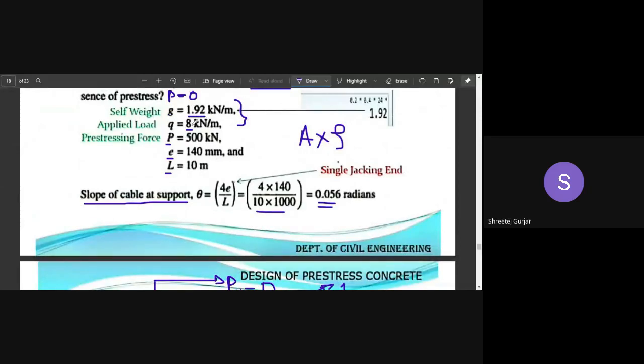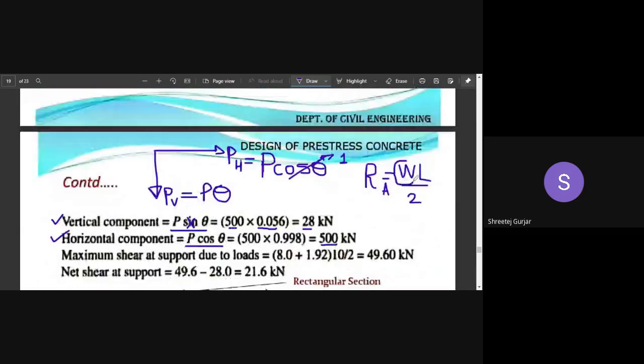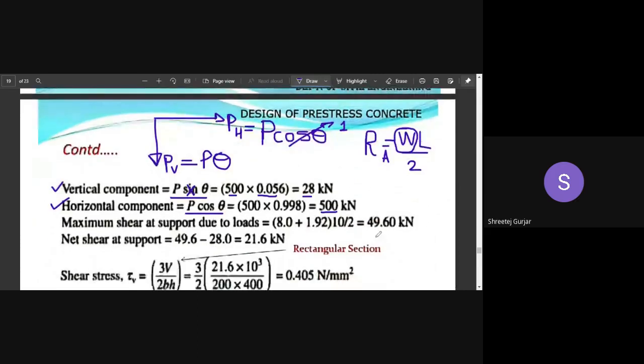It is 8 plus 1.92, which is 9.92. W is 9.92 into L, that is length of the beam, divided by 2. That is equal to 49.6 kilonewton.